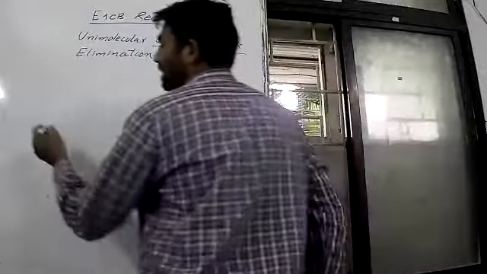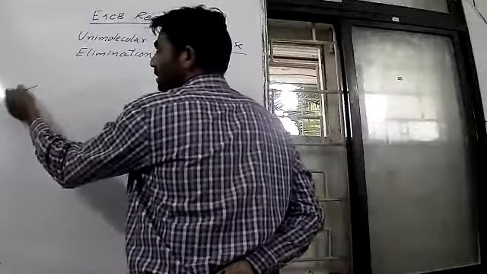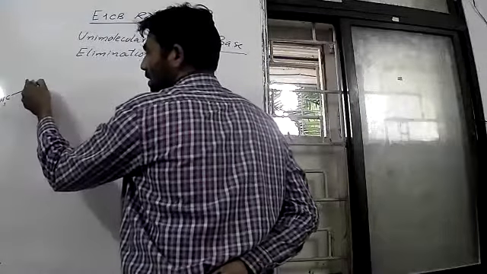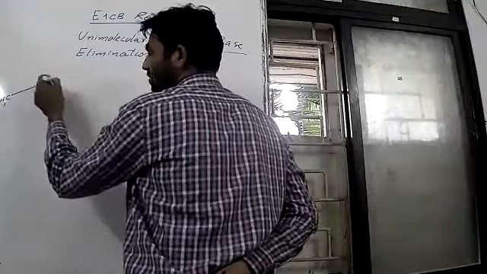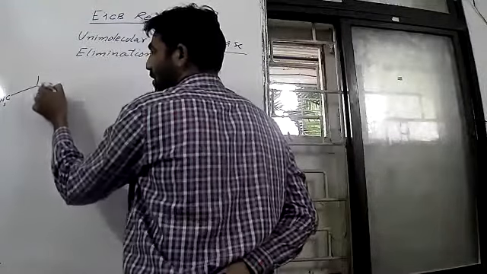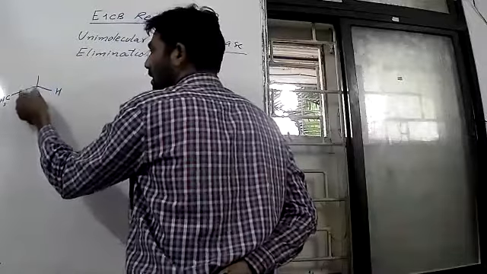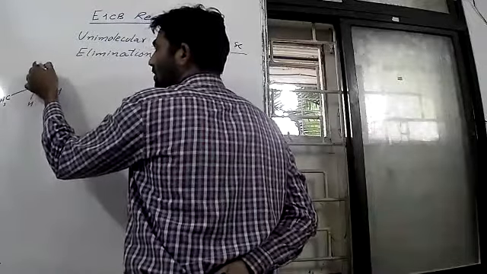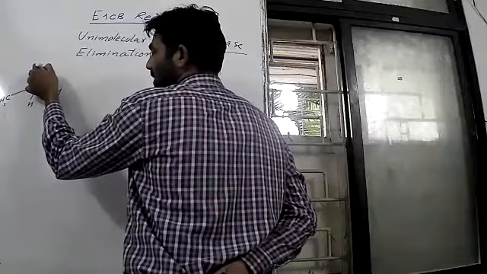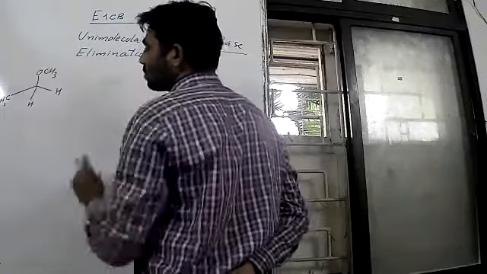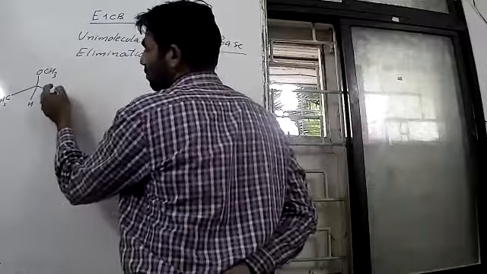What is hemiacetal? You see, this is suppose CH3, and this side we have hydrogen, and one more hydrogen will be there, and here we can have methyl. Okay, methyl. So I'm sorry, one more group should be there.